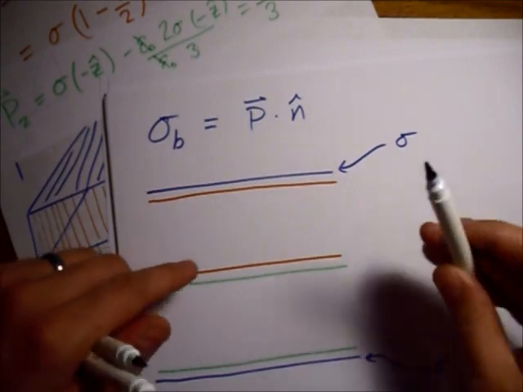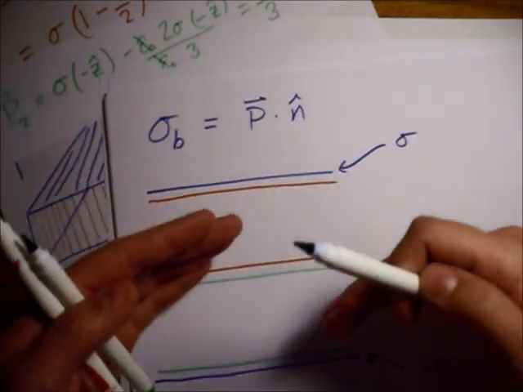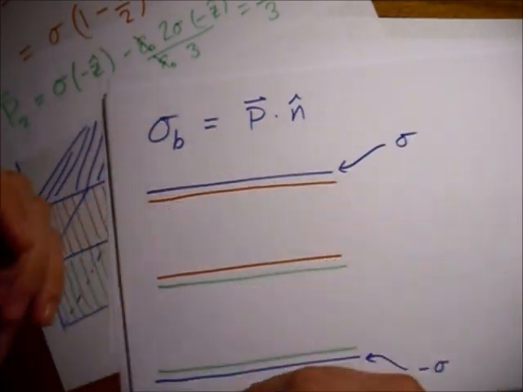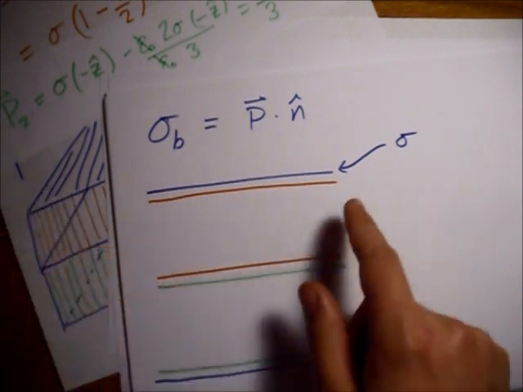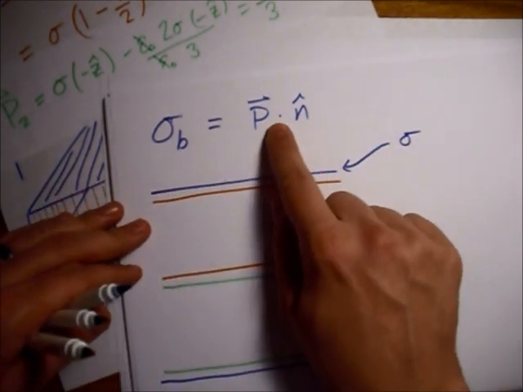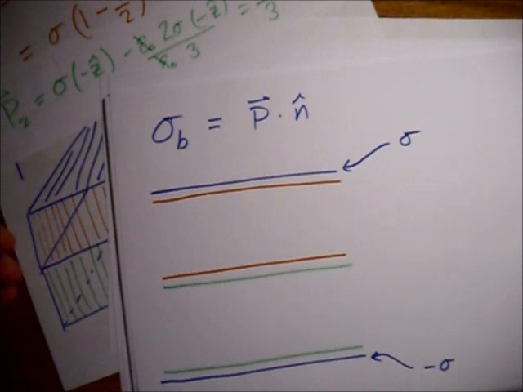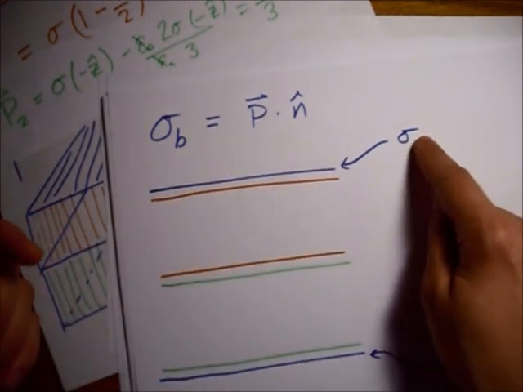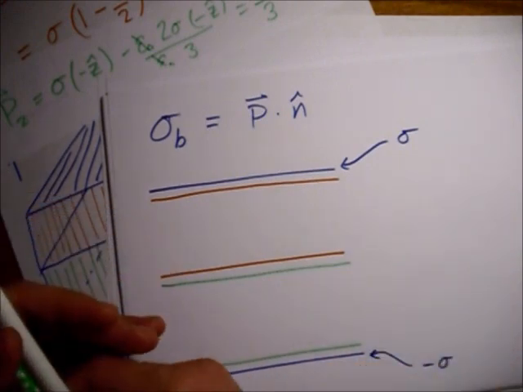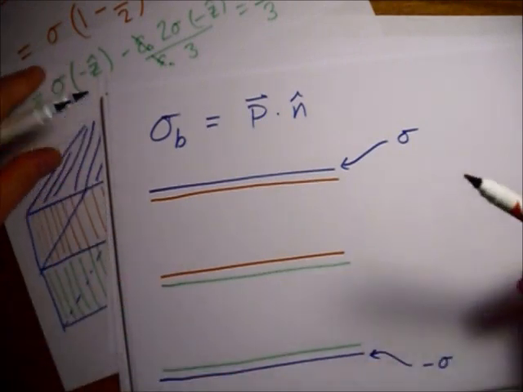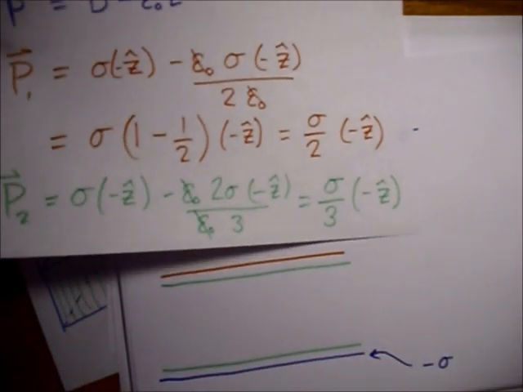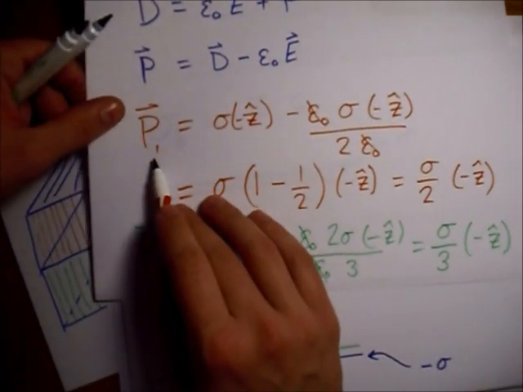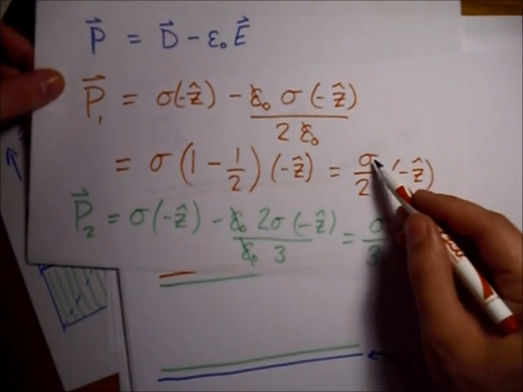If our interfaces were at some weird angle, it would become more complicated. But since everything's flat, this dot product just gives us a +1 or a -1. We're just going to keep track of the charge based on what it's close to. So looking at the magnitude of P1, we just get sigma over 2.